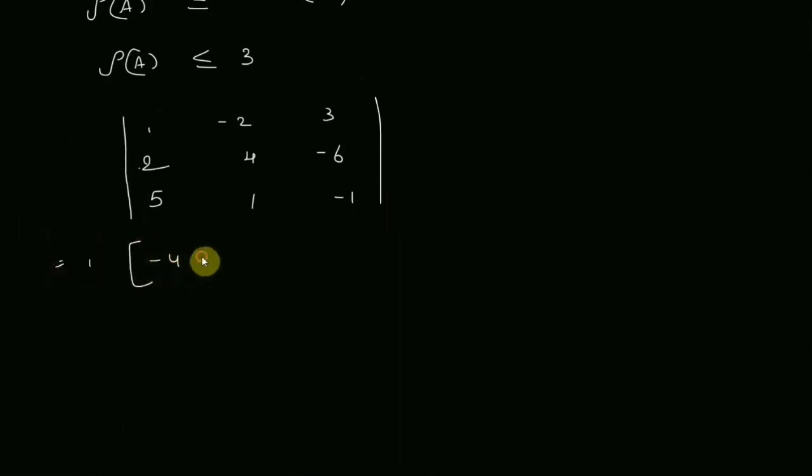So 1 into minus 4 plus 6, minus of minus 2. For the second element you should have a minus sign, so already one minus is there, it becomes plus 2. Plus 2 into minus 2 minus 30 will become plus 30. Plus 3 into 2 minus 20.